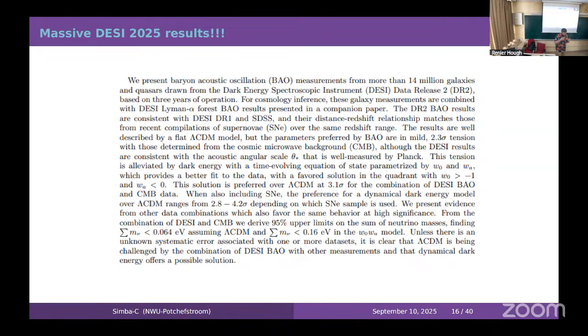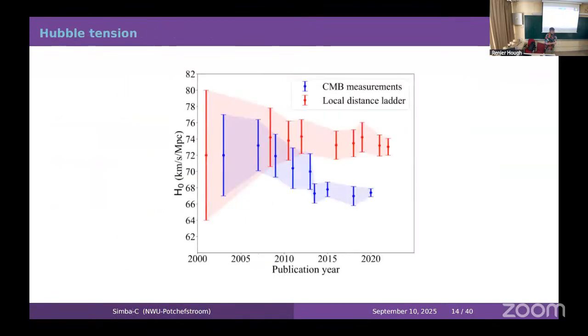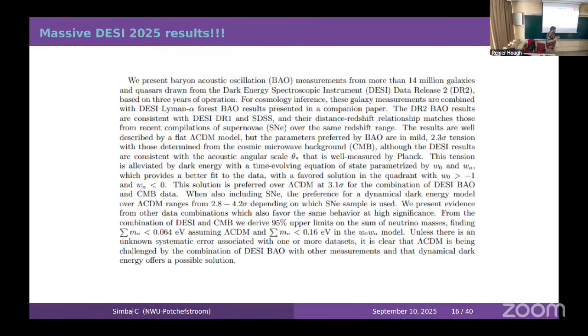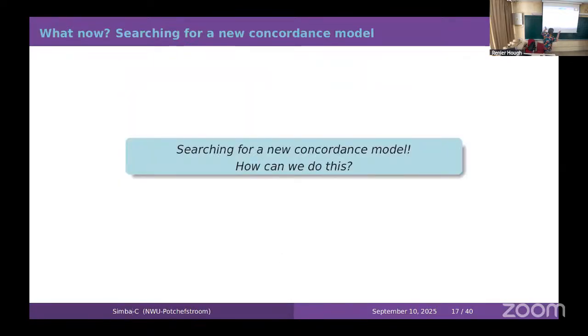So suddenly, okay, maybe it's not even just problems in the data sets that could lead to this and the sigma 8 tension. Maybe it's the model itself. So everyone is now looking at different models, searching for this new concordance model.